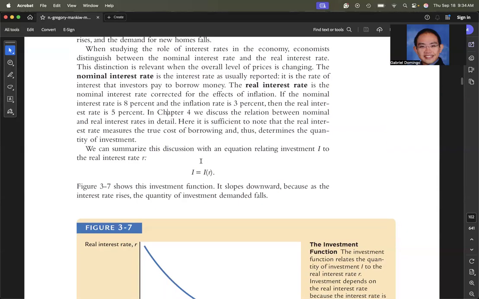We can summarize the discussion with an equation relating investment to the real interest rate, R. Before looking at the picture, we remind ourselves that R, the real interest rate, is the opportunity cost of investment.